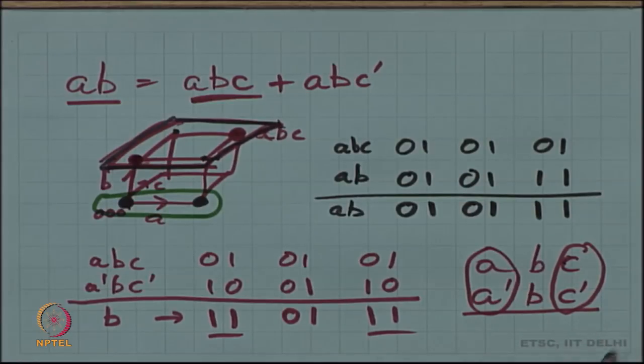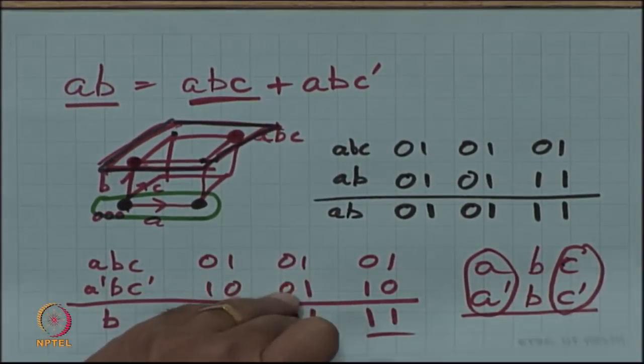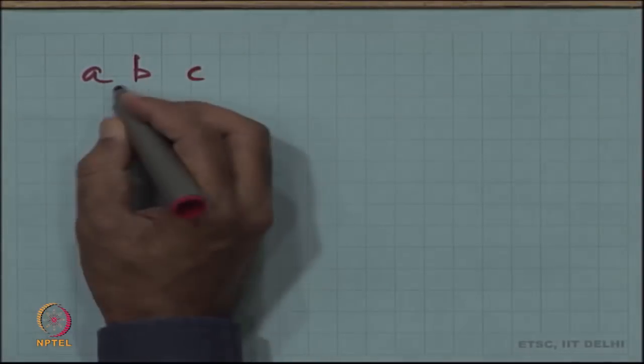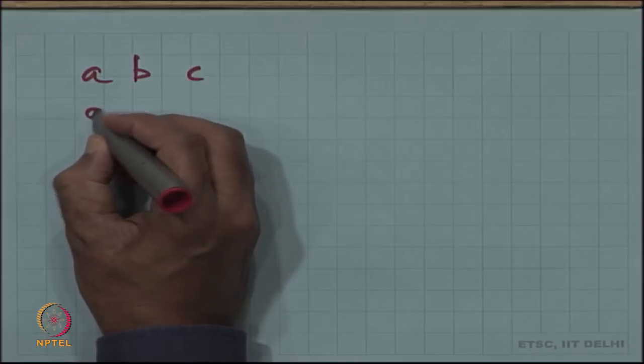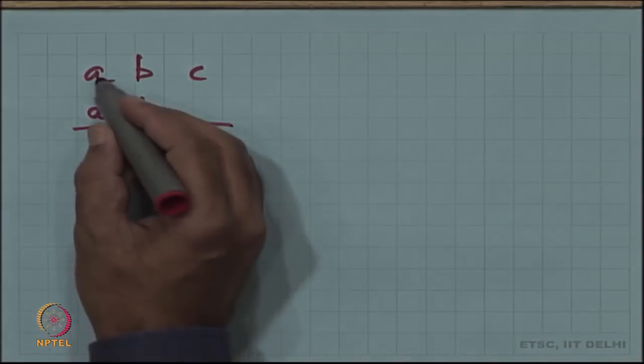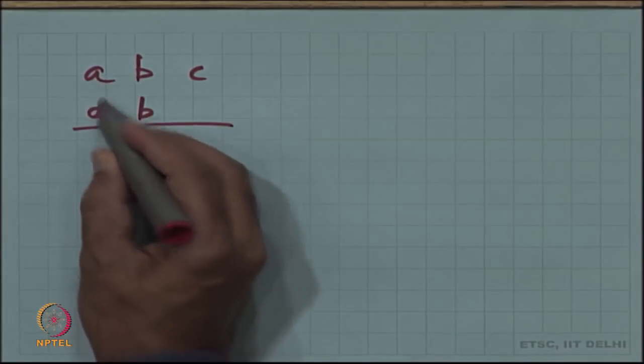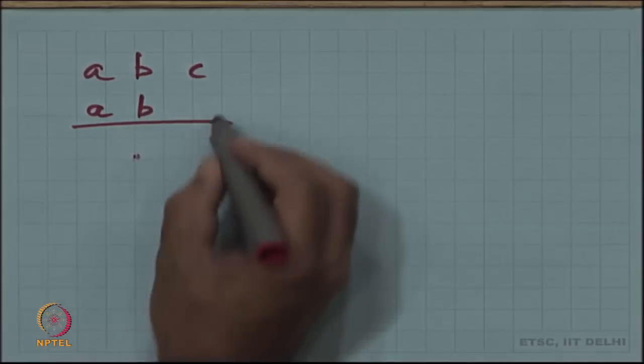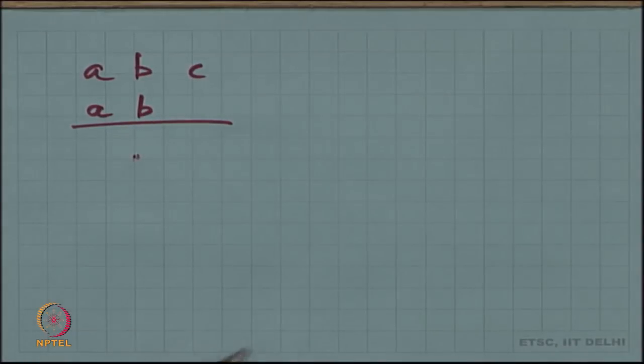On the other hand, if you had A B C and you have A B, then this distance is 0, this distance is 0. So, all three, this is a do not care, and that do not care anyway, there is an inclusive relationship.